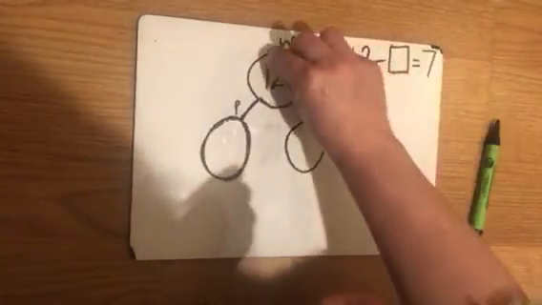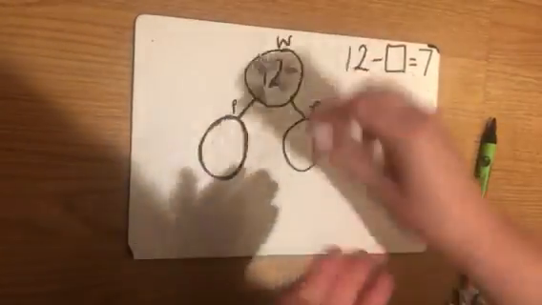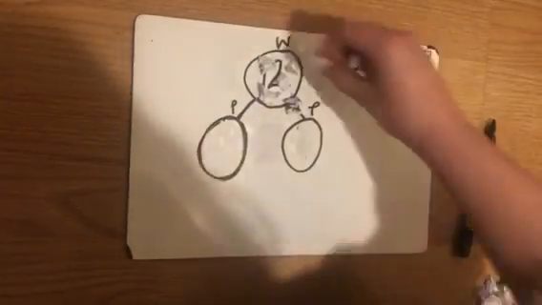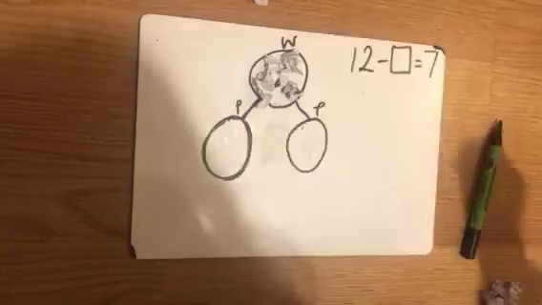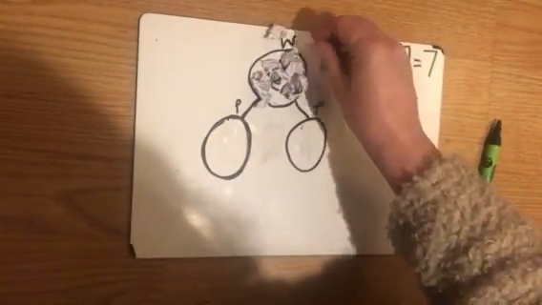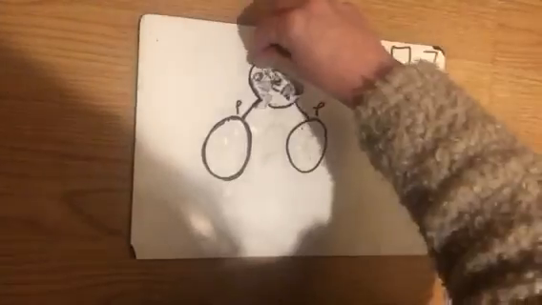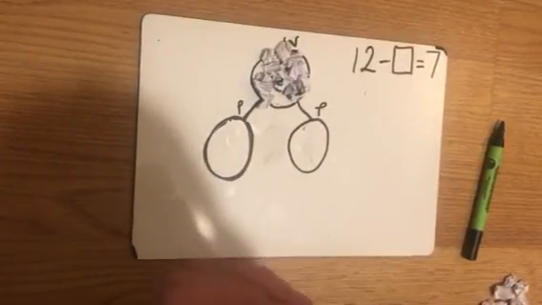So 1, 2, 3, 4, 5, 6, 7, 8, 9, 10, 11, 12. Now you might need to do a slightly bigger circle than me to make sure that you can get your 12 pieces in.